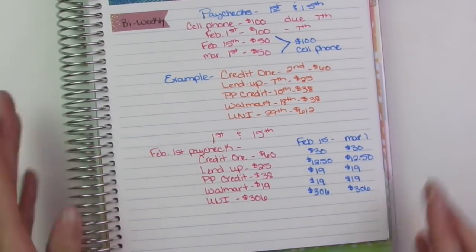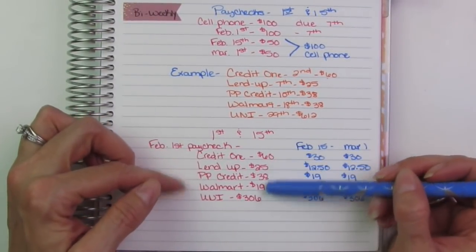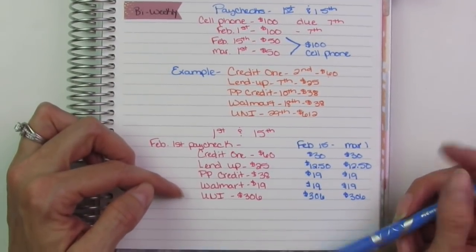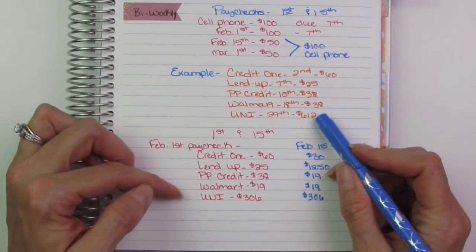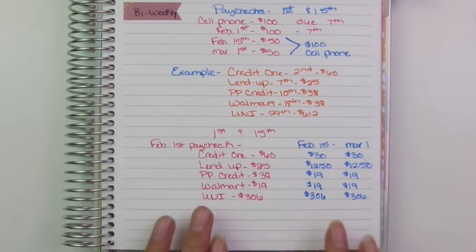So rather than coming up with all of these amounts right when they come due out of one paycheck, I mean, could you imagine taking $612 out of one paycheck? I get paid weekly and I get paid right about $660 a week. So that would leave me like $48 left out of that paycheck if I didn't follow this plan.